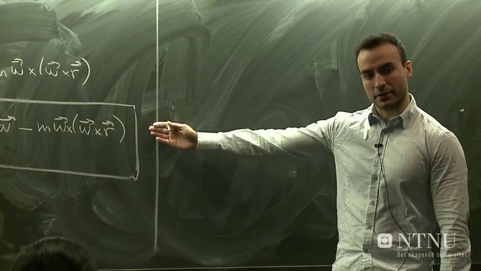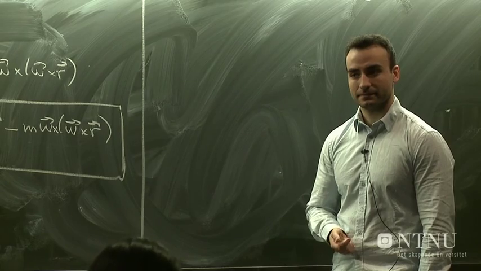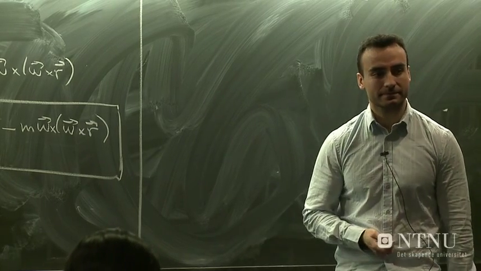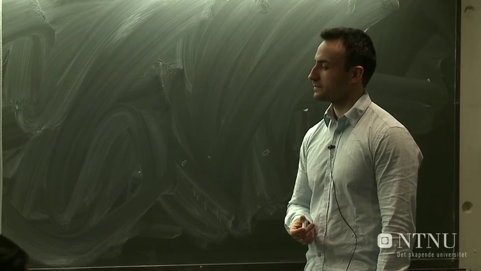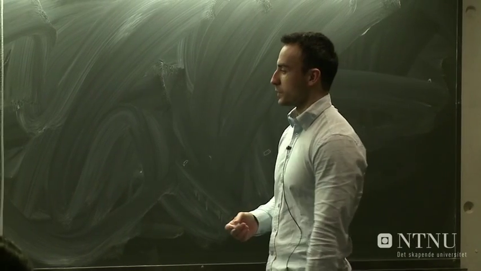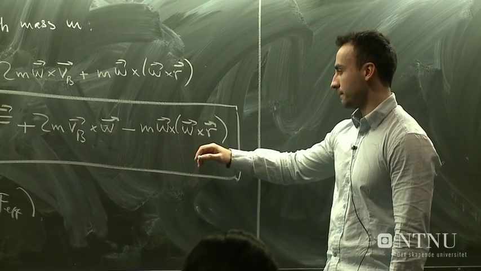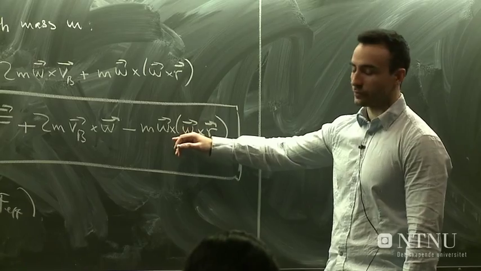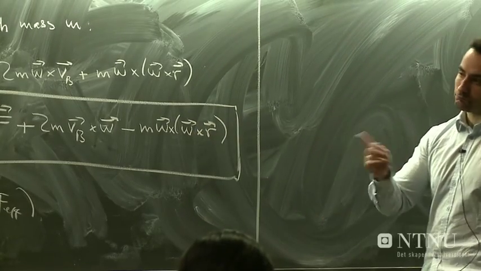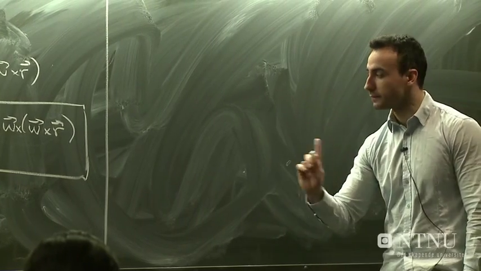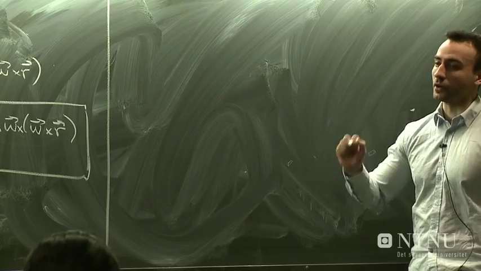Do you recognize this term? So we see that its magnitude, if we just consider for simplicity a case where everything here is perpendicular, omega is perpendicular to r, so we have, let's say, some circular motion in a plane. In that case, the magnitude is m omega squared r.